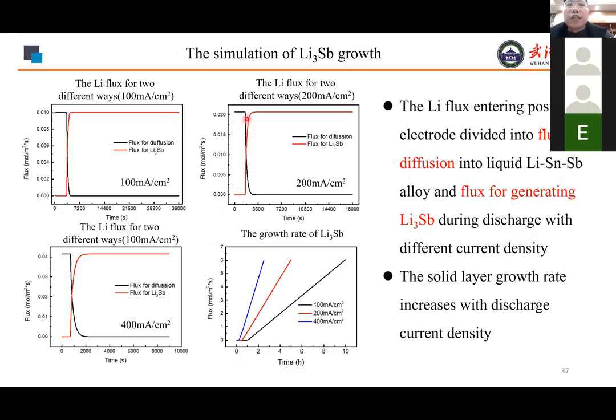When the solid phase is formed on the surface, one partial lithium flux continues to diffuse into the liquid alloy, and the other partial is to form lithium antimonide until the lithium concentration in the liquid alloy is uniform and reaches the critical value. Then all the lithium flux is used to form lithium antimonide, and the solid phase growth rate can be obtained.